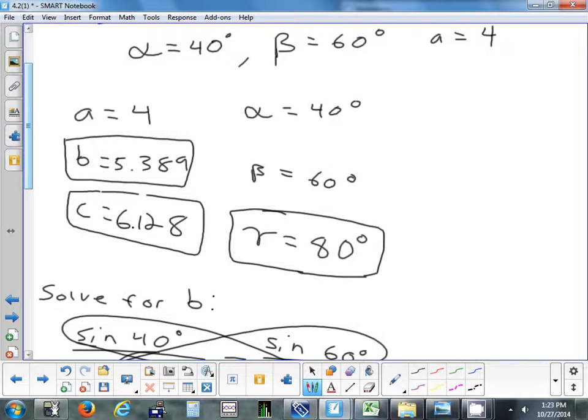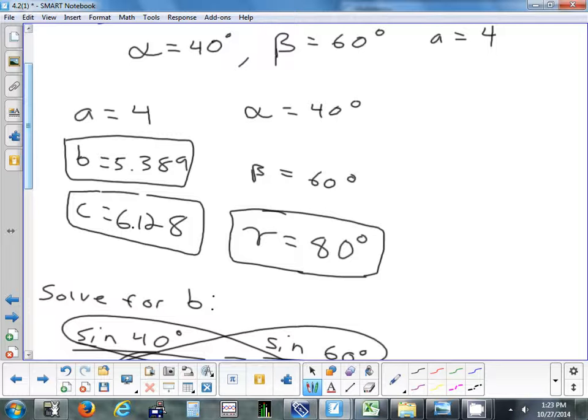Okay, so there's a couple quick things you can do to figure out if you think you're in the right ballpark and your answers are pretty good. Check and make sure smallest angle is with the smallest side, biggest angle is with the biggest side. The next quick thing you can check, if you don't have time to redo the whole problem: if you add up any two sides of a triangle, they have to be bigger than the third side.